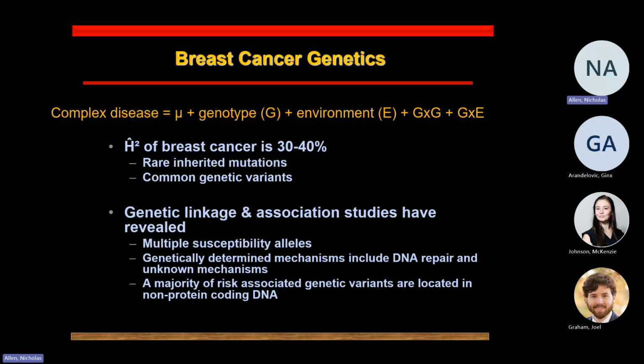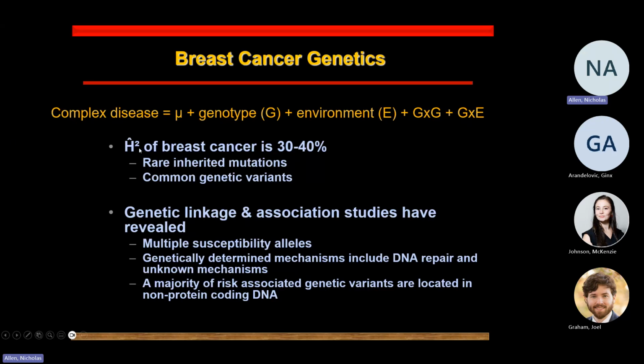What I'm talking about today is the inherited genetic component. With cancer, we have to talk about somatic changes, changes in the cell that's going to become a cancer cell over time, plus now we're talking about what's inherited, so the germline variants.